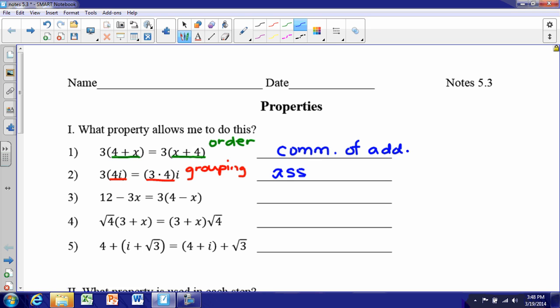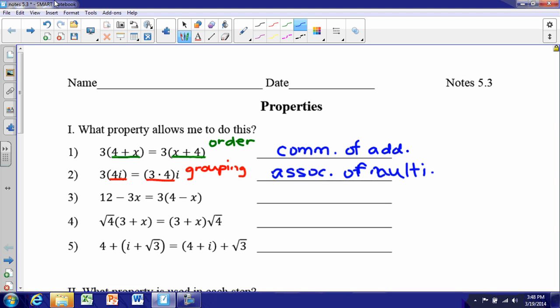Now, you need to give a few extra letters here for associative. The first 3 letters are not appropriate. And then we have to decide, is it of addition or of multiplication? When I look at the problem, everything is being multiplied, so we would say that this is of multiplication. Okay? And you can abbreviate that.